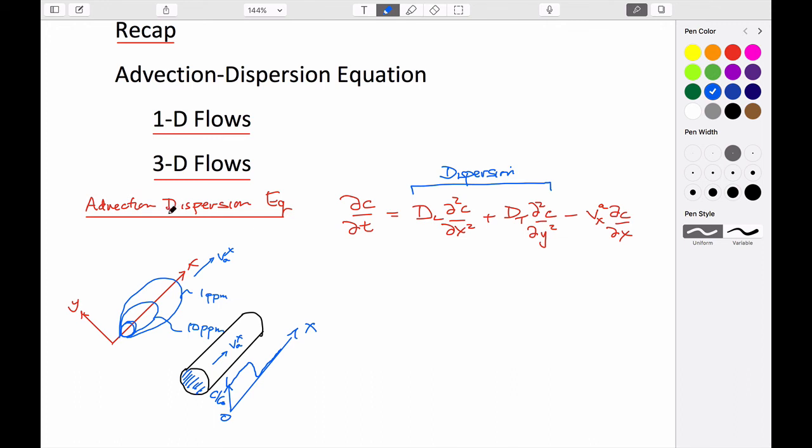And it is just a mass balance. It says that whatever comes into this control volume by diffusion or dispersion, plus however much comes into it carried by advection, physically carried by the bulk motion of the water, this is the water velocity, what doesn't leave has to accumulate.